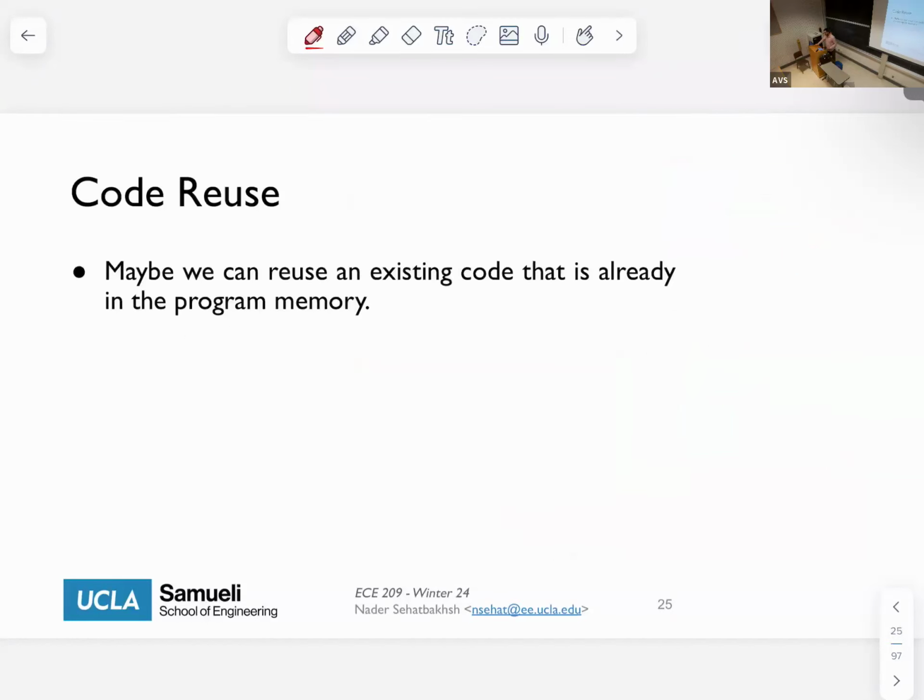Then we also talked about what if we cannot execute anything on the stack. In other words, even if I inject my code, I cannot execute it, because a common defense in these systems is making the stack non-executable. The solution for that is also a very popular type of attack, what we call code reuse attacks. The idea is that we don't inject malicious code, we just use existing code in the system and reuse it for our own malicious purposes.